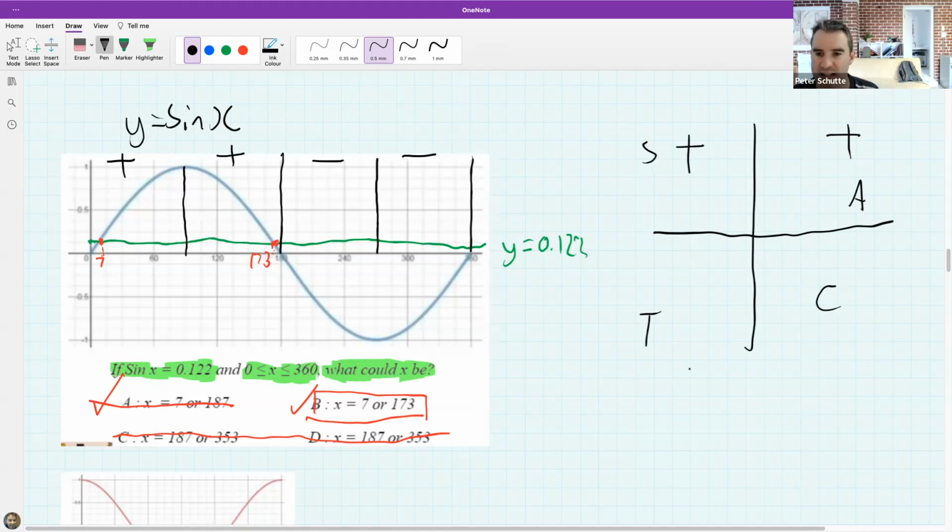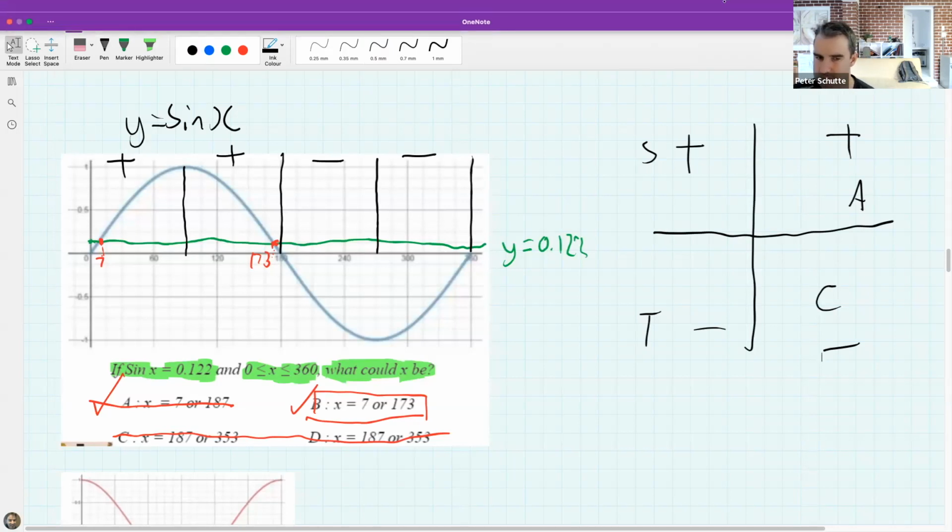Between 180 and 270, tan is negative. And between 270 and 360, sorry, not tan. I meant to say, let me say that again. So sine is negative here and negative here. And I just want to ask you, can you see the connection between the graph and where it's positive and negative and the CAST diagram where it's positive and negative? Give me a thumbs up if you get that.